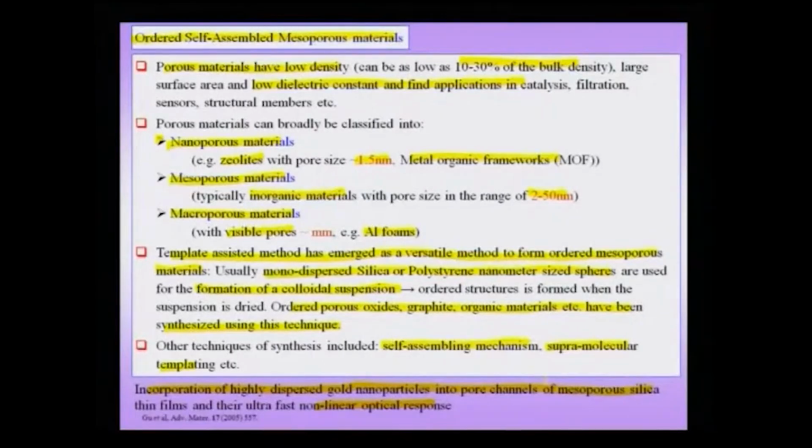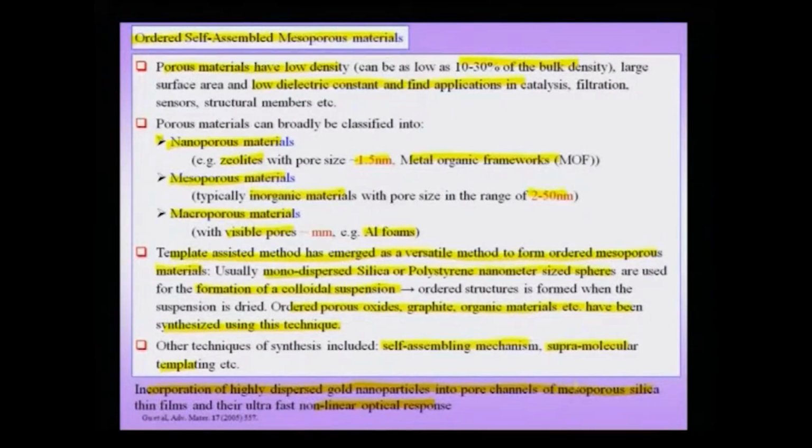But additionally, you can use this as an active medium, like we saw in the case of MOF5, for storage of hydrogen. And we definitely saw another effect: suppose I put in additional particles, like the gold nanoparticles in the channels of mesoporous silica, then I can have important effects like nonlinear optical response.